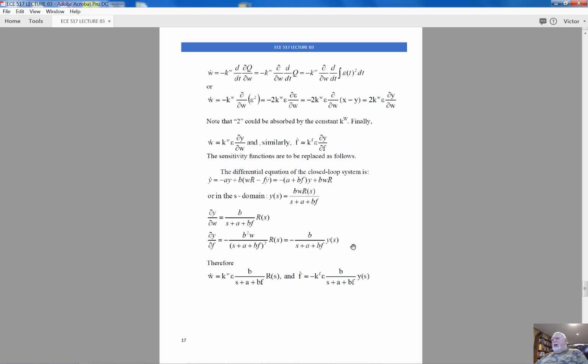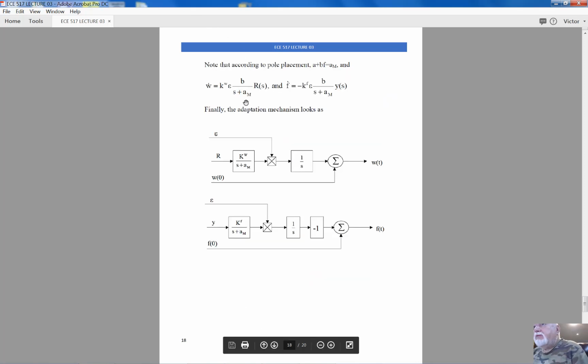Now, assuming that the reference model is close to the adjustable system, I will change these expressions as follows.